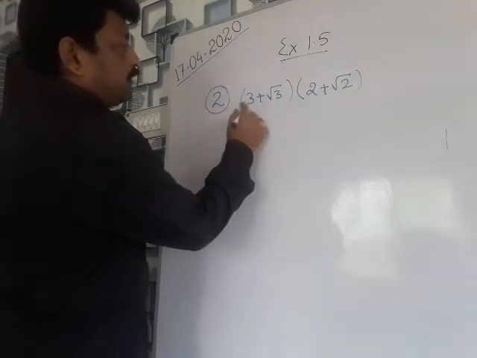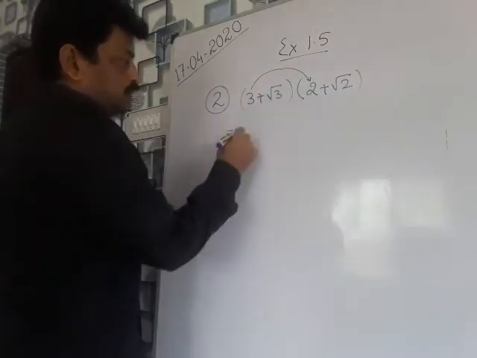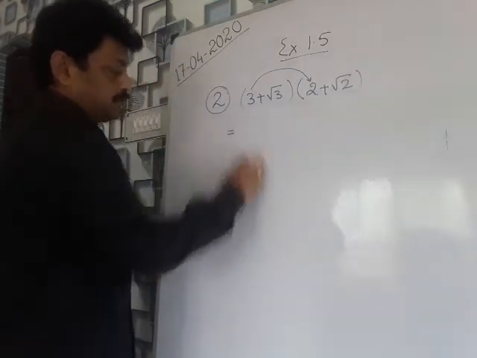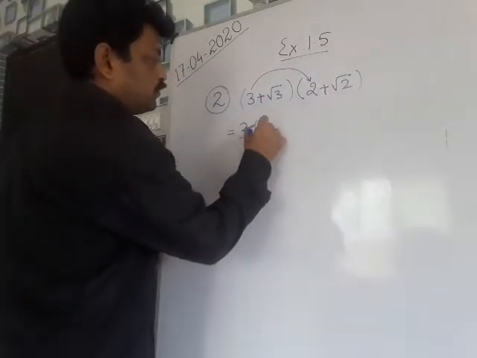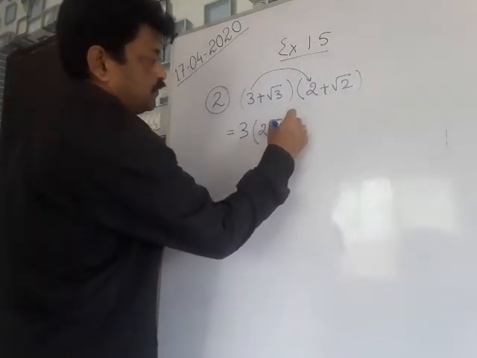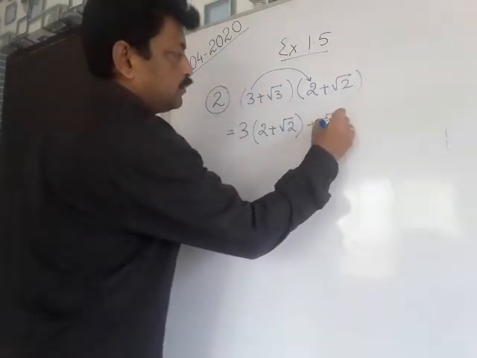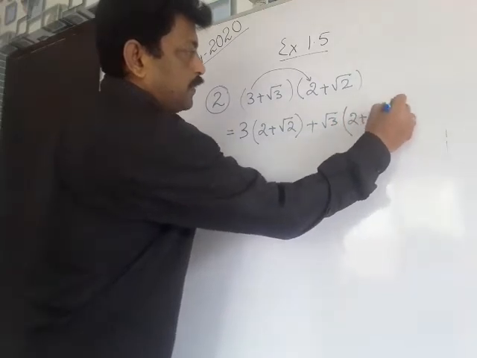So first of all, 3 will be multiplied with 2 plus root 2, and then root 3 will also be multiplied with 2 plus root 2.